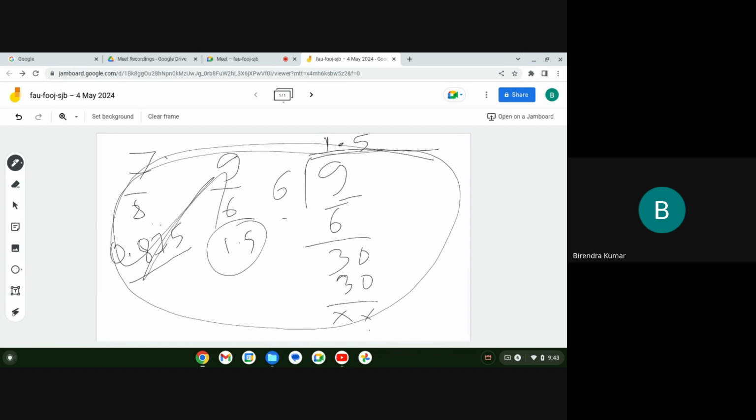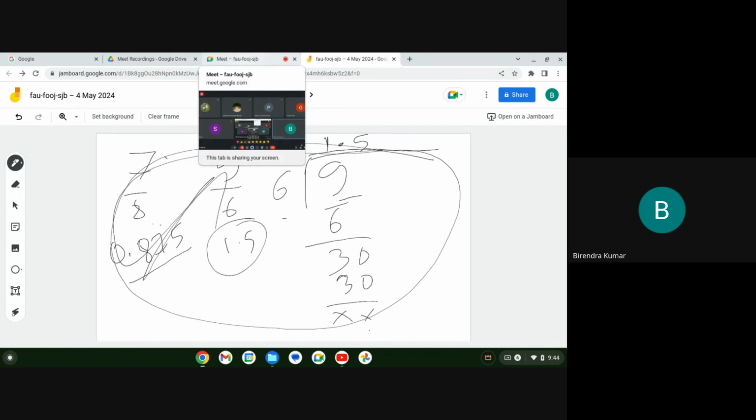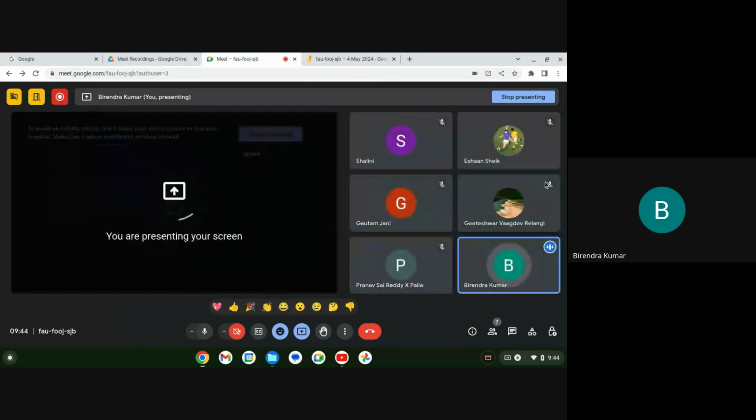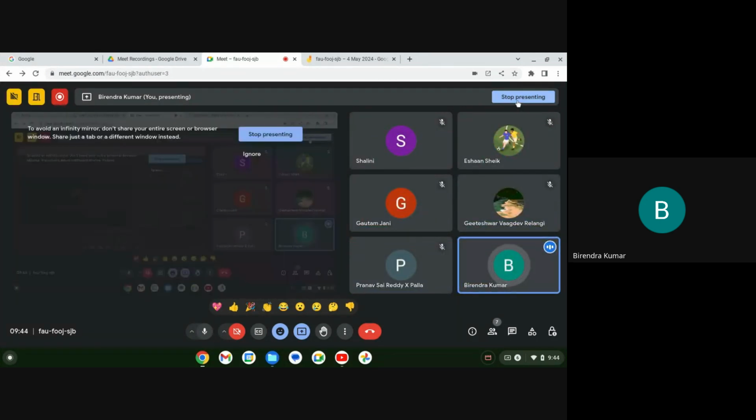So math is all about doing practice and lots of practice and being careful, reading the questions over and over again, and then doing it. Okay. So that pretty much brings us to the end of the class. So we focused on fractions to decimals to fractions. And this is a concept that you need to be very, very clear about.